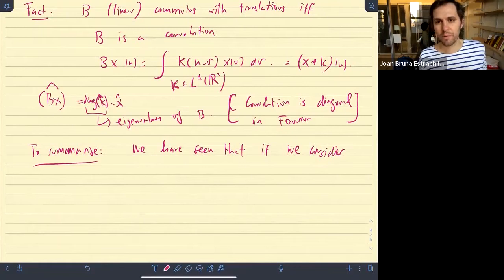Then you can formally define this operator and you are good to go.